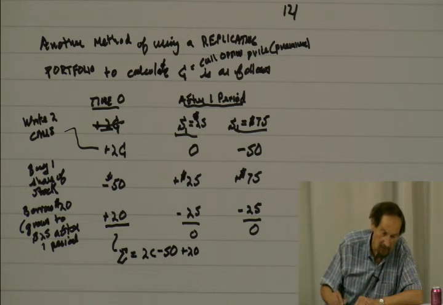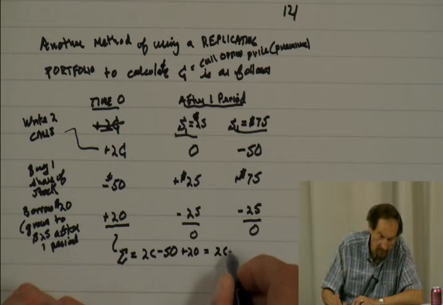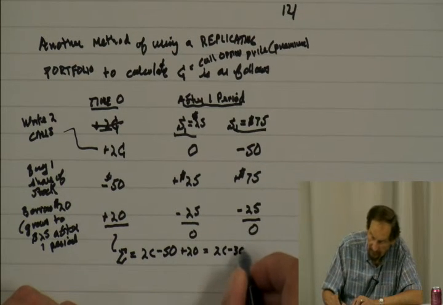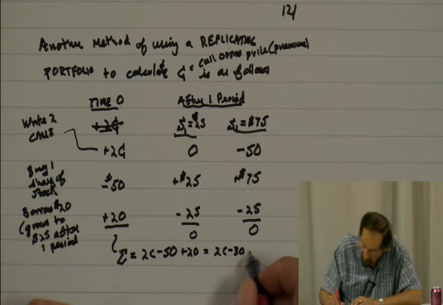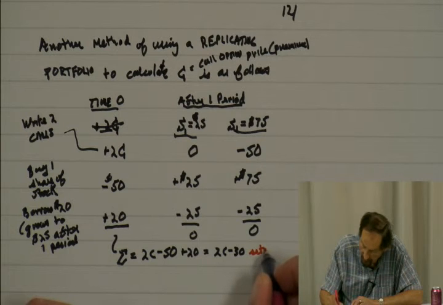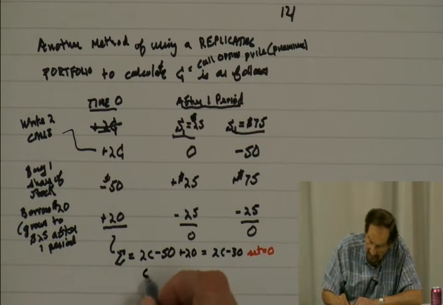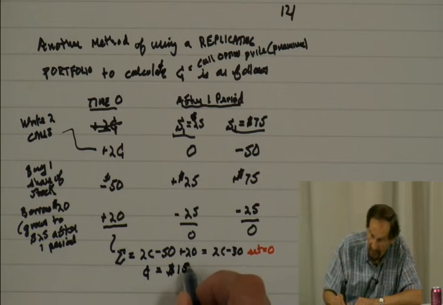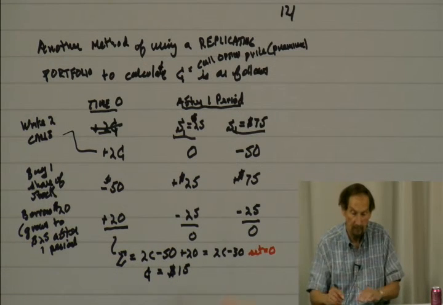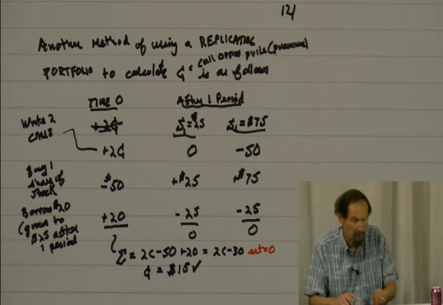So what does that equal? That equals 2c minus 30. And so if you set this equal to 0, then what do you get? You get c equals $15. Exactly what we got before. So this is another way to replicate that here.